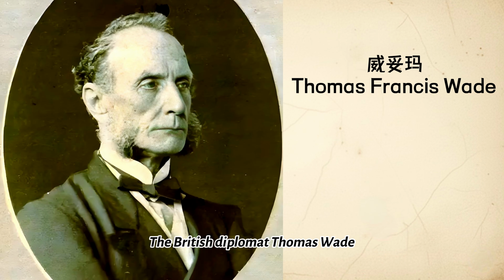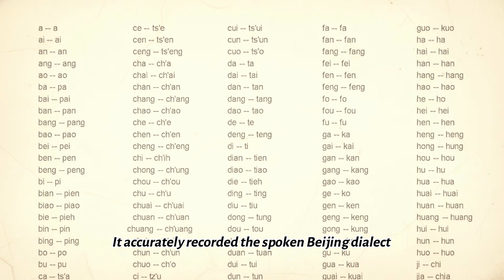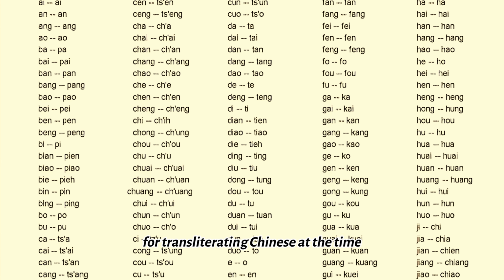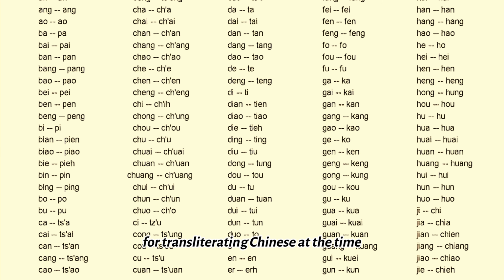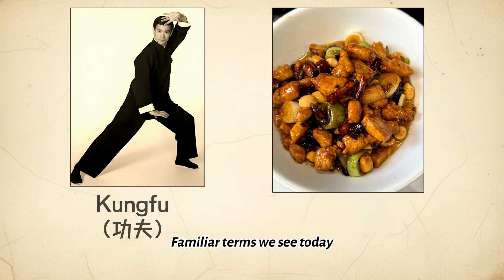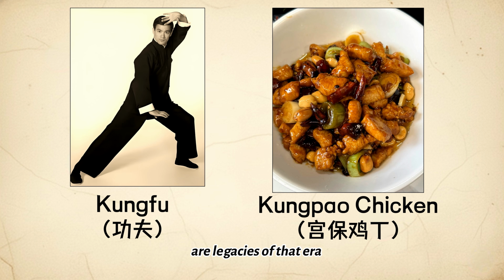Fast forward to 1886, the British diplomat Thomas Wade created the Wade-Giles system. It accurately recorded the spoken Beijing dialect and became the international standard for transliterating Chinese at the time. Familiar terms we see today, like Kung Fu and Kung Pao Chicken, are legacies of that era.